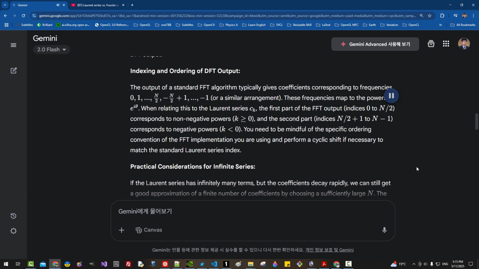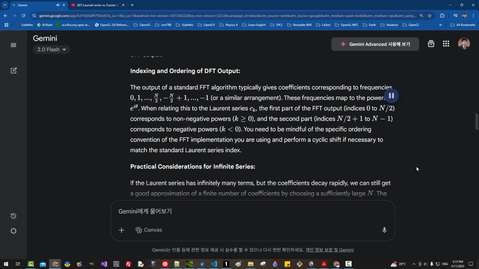Indexing and ordering of DFT output. The output of a standard FFT algorithm typically gives coefficients corresponding to frequencies 0, 1, up to n/2, then -n/2 plus 1 up to -1, or a similar arrangement. These frequencies map to the powers of e^{iθ}.